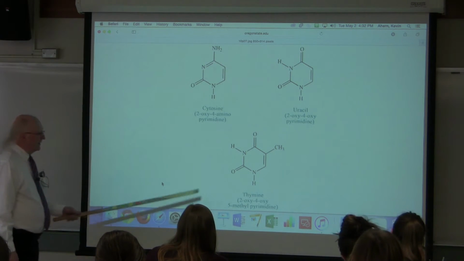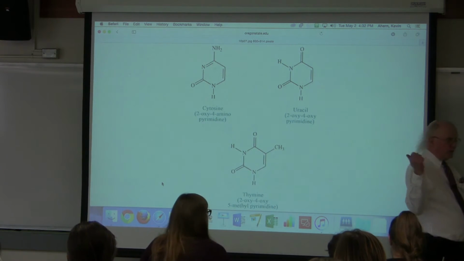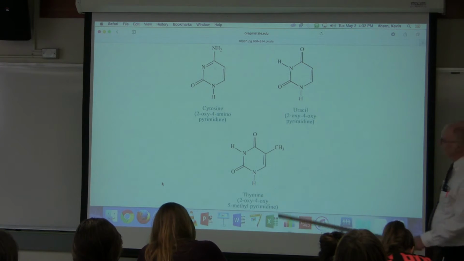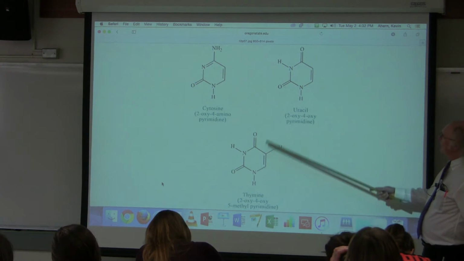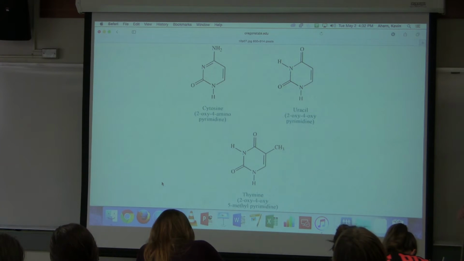Okay. I'm going to show you something here. I talked about methylation, so this is a place where I will hold you responsible for something. You see three different pyrimidine bases: thymine, uracil, and cytosine, right?